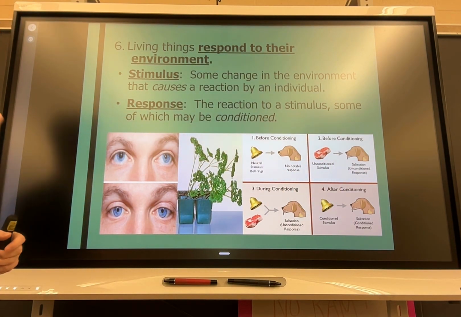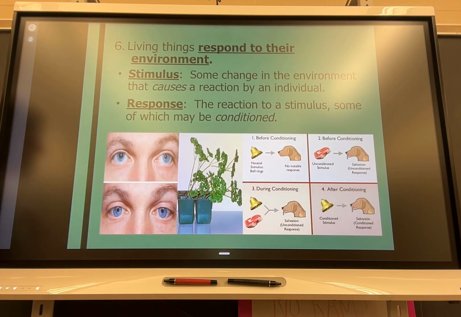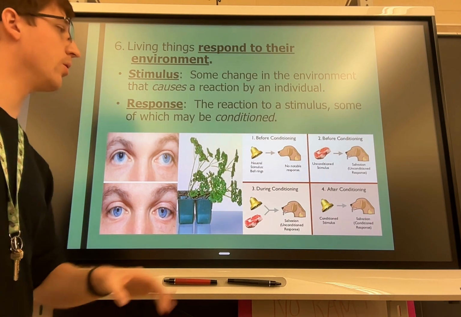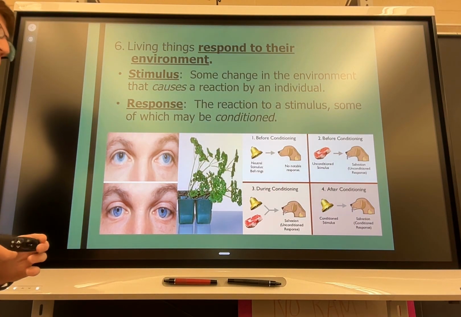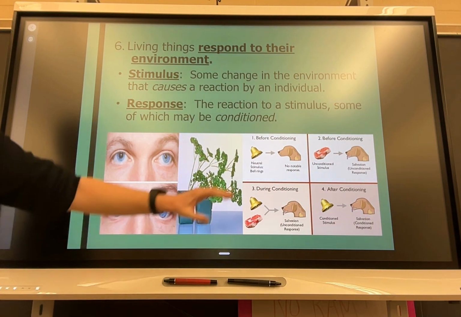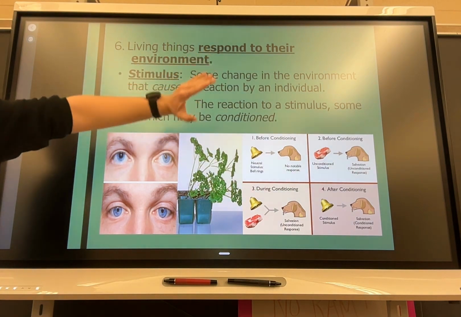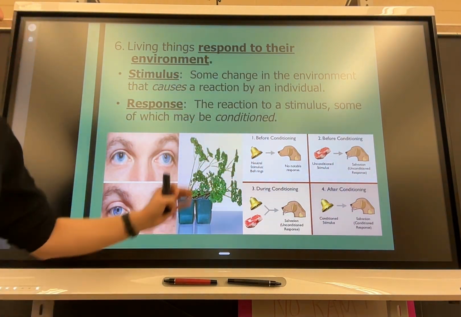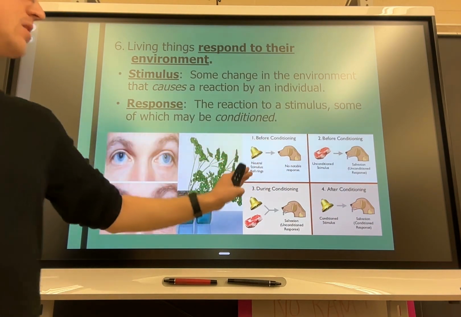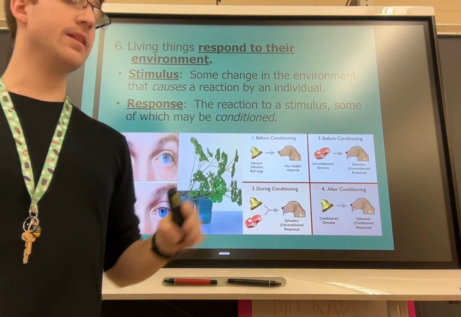You can also condition responses. So, for example, a researcher named Pavlov back in Russia in, I believe, the 1800s, learned that stimulus and responses could be conditioned in dogs. So he would ring a bell and pair that stimulus with feeding the dog.